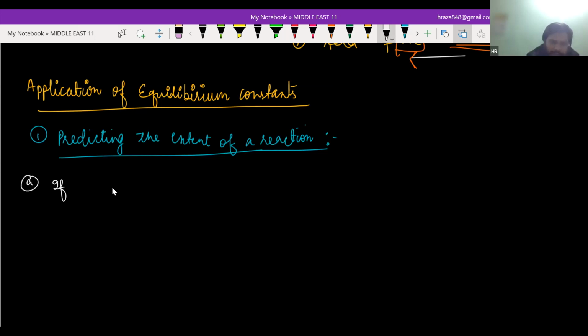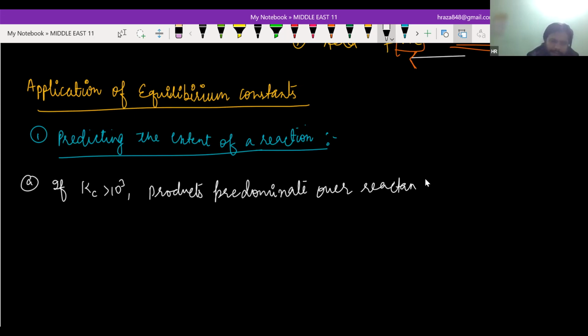If Kc is greater than 10 raised to the power 3, that means the reaction will move to the right hand side, and products predominate over reactants. Right with me? That is, Kc is very large.